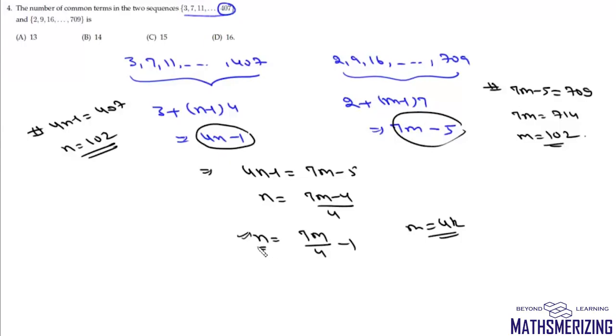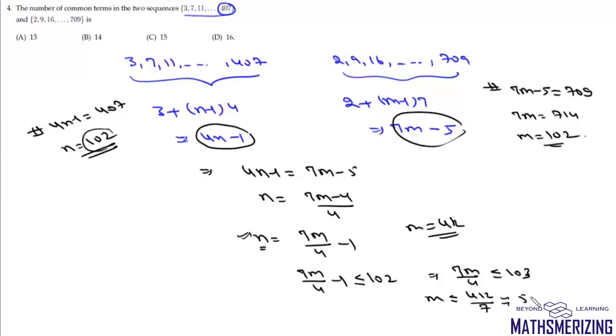Now we are also given that the value of n is at most 102. So that means 7m upon 4 minus 1 should be less than or equal to 102. So the condition we get is 7m upon 4 is less than or equal to 103, that is, m is less than or equal to 412 upon 7, which is 58.85.